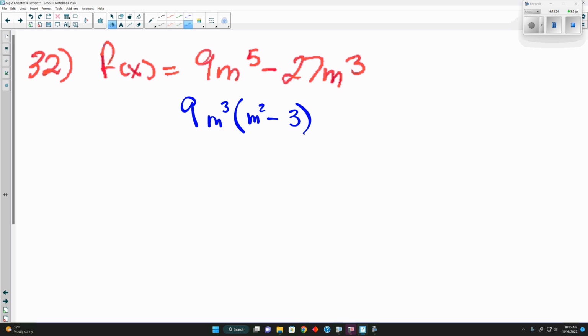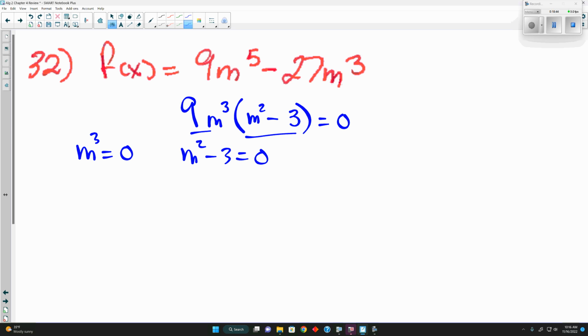Now this here equals 0. So we have two things multiplied together to equal 0, so one of them must be 0. So we're saying m to the third is equal to 0. We're also saying m squared minus 3 is 0, yes?